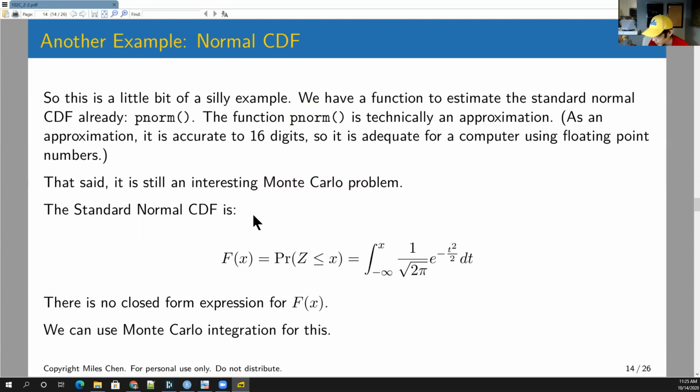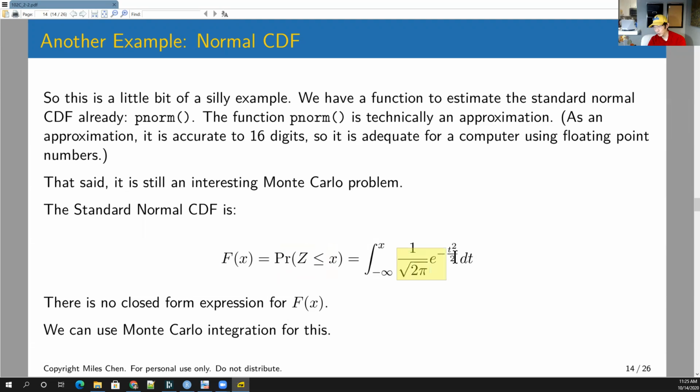So the definition of the normal CDF, the definition of really any cumulative distribution function, is: what's the probability that your random variable is less than some number, right? So here for big F of x, it's the probability that Z, a standard normal variable, is less than some value x, okay?